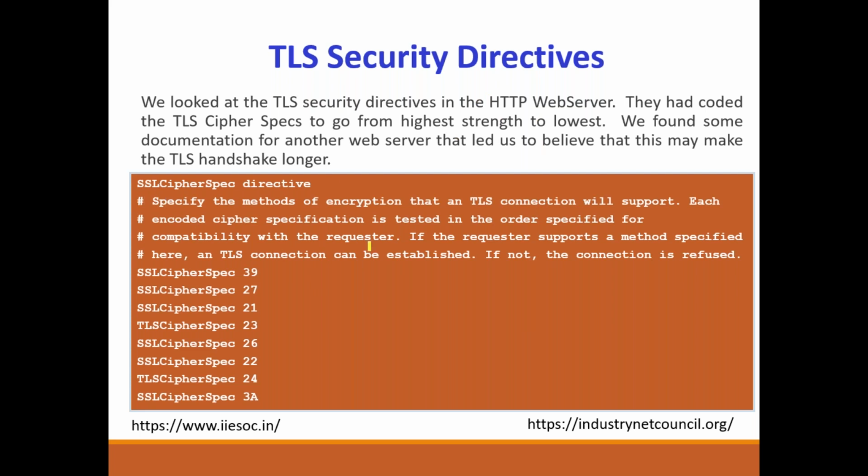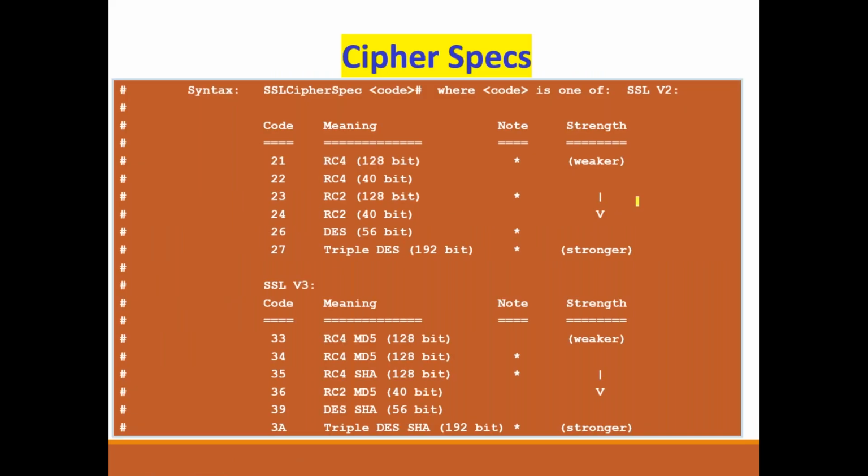Within there, they list the cipher specs, and you're seeing here that the higher the number, the higher the strength of the cipher that's used. So it's basically going with the strongest one first. Where is this going to show up? It's going to show up in the client hello. If this shows up as the first one in the client hello, that's what's going to be taken.